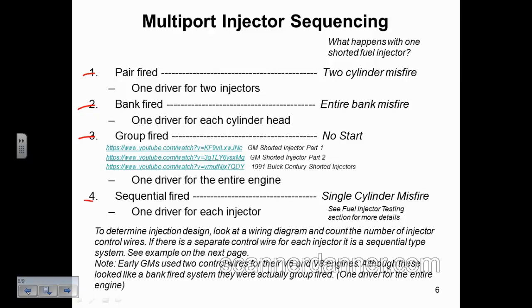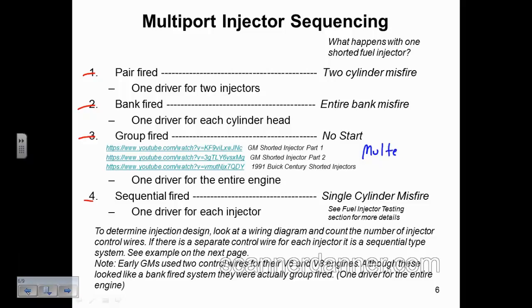Okay, back to page 6, multi-port injector sequencing. Again, we're talking about how these things are fired. As we continue, I'm going to show you guys what a shorted injector does. And it was only GMs that would do this. Early model GM Multec 1 fuel injector. So we'll put that note in here.